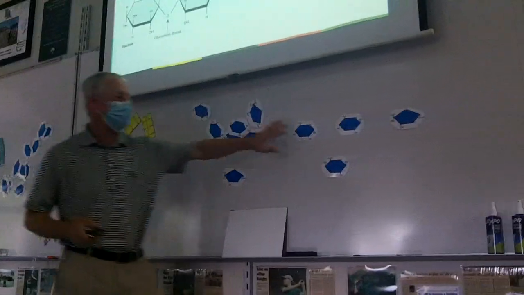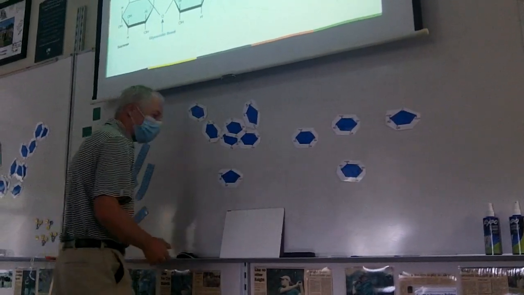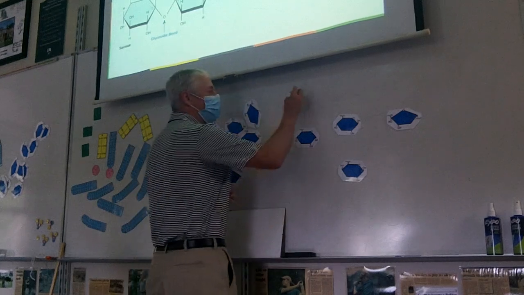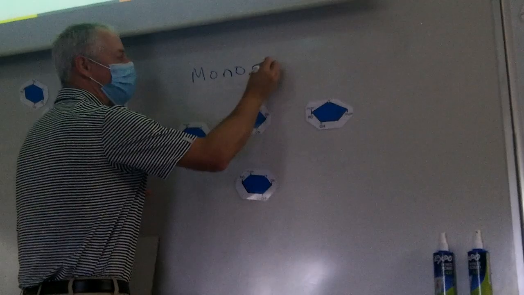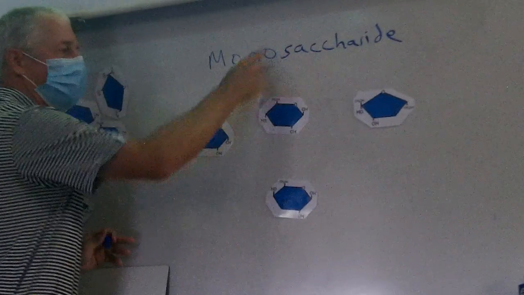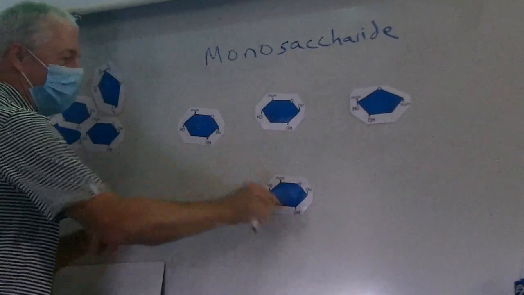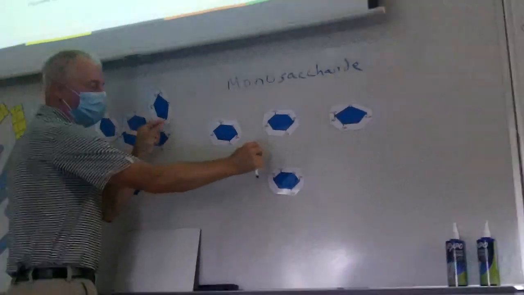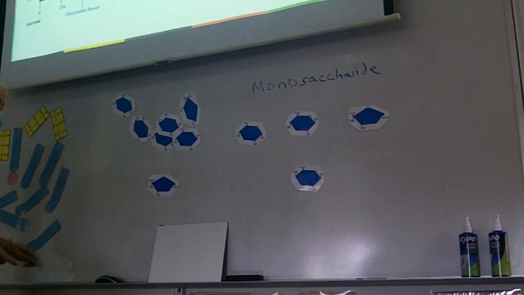All right, so those are the various types of, we call these monosaccharides. Y'all know what that word means? Have you ever heard that? One sugar. Mono means one. Saccharide means sugar, one sugar. So these are single rings. And yeah, you can break it and straighten it out, but it likes to curl up on itself.